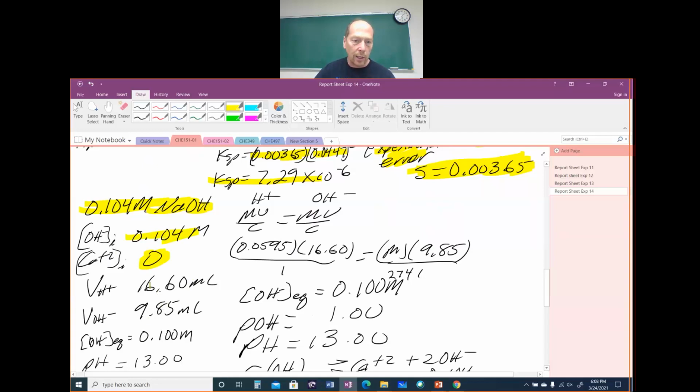This titration required 16.60 mL of our acid to neutralize our 9.85 mL of our filtered calcium hydroxide. So we do MV over C, MV over C. All right, so our H plus, our OH minus, 0.0595, 16.6 mL. What is the molarity of OH minus at equilibrium?